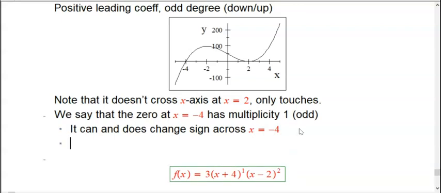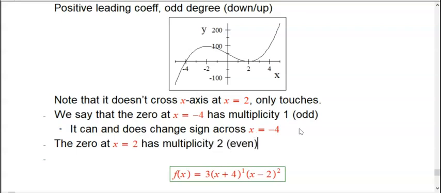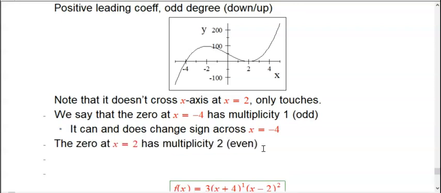Okay. On the other hand, the 0 at x equals 2 has multiplicity 2. That's an even number. And anything, positive or negative, to an even power, that's never going to be negative, right? And so this cannot change sign.